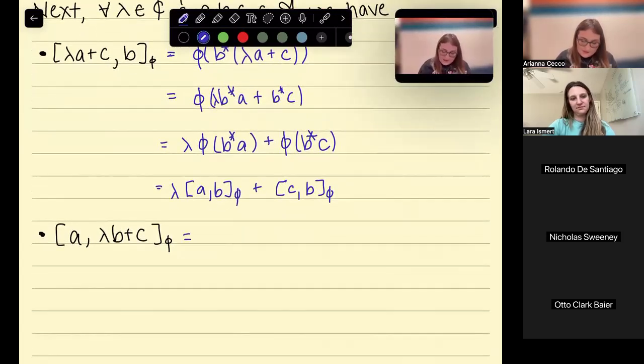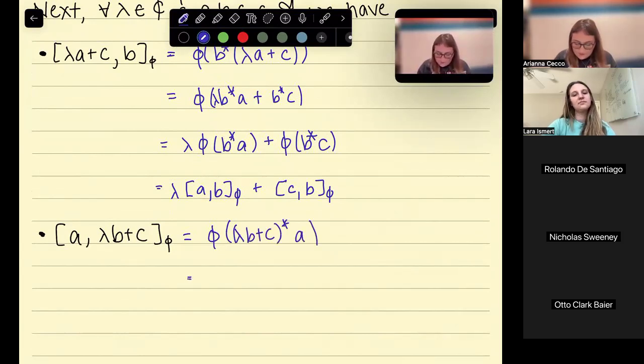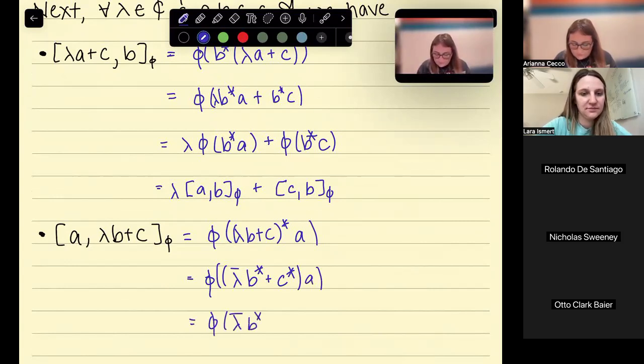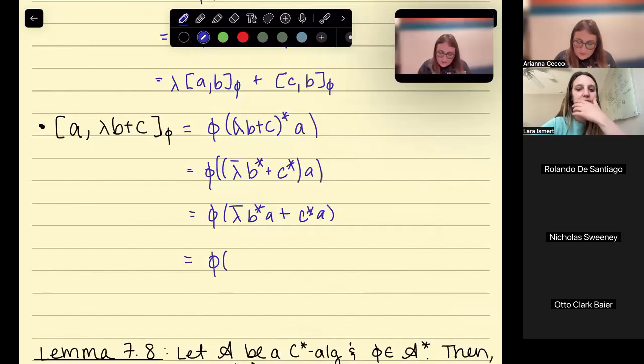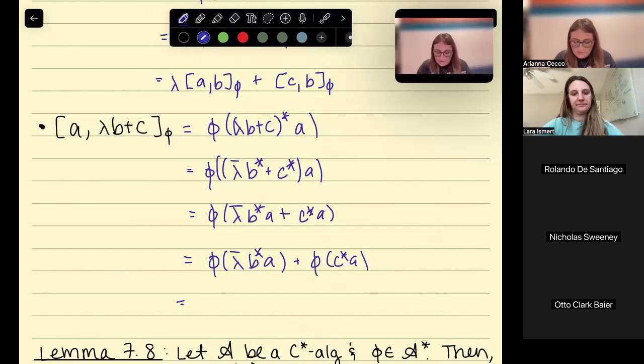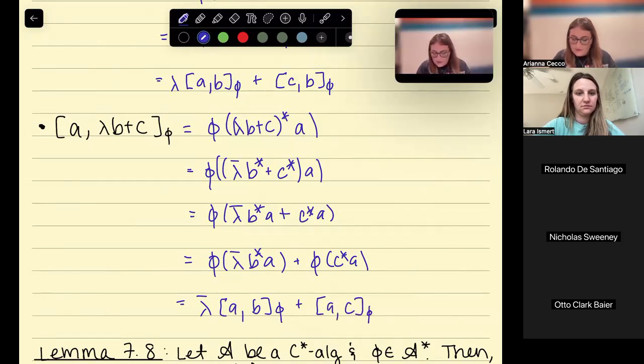Let's check that it's conjugate linear here. So this is going to be equal to phi of lambda b plus c star A. We're going to distribute the star, so we get lambda bar b star plus c star A. And then again, using the fact that it's linear, we can rewrite it like AB plus AC, like this.